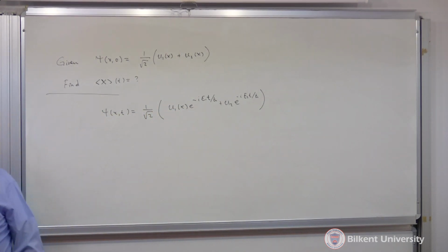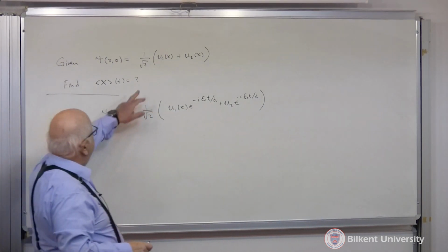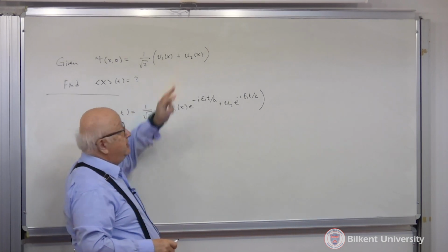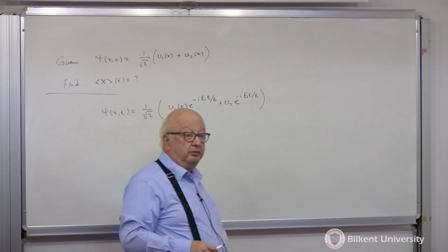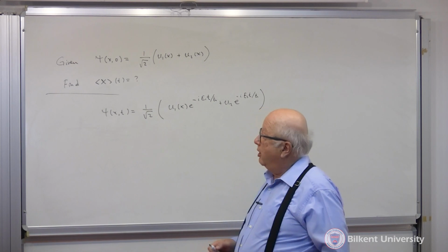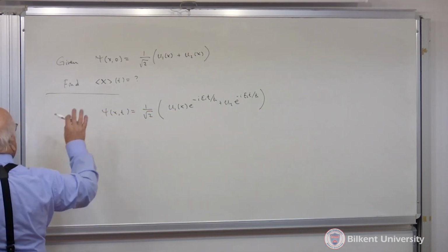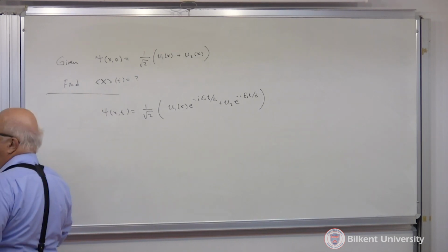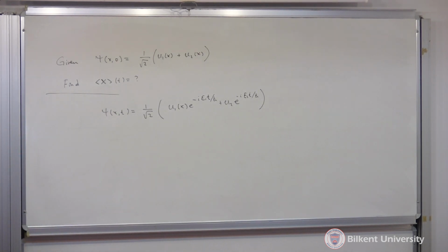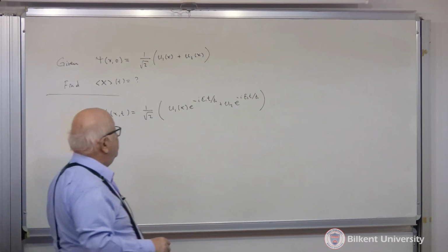Now I chose 1 over square root of 2 as the prefactor. Just remember that last time we discussed, in order for this to be consistent with the probability description, the magnitude squares of those constants should add up to 1.